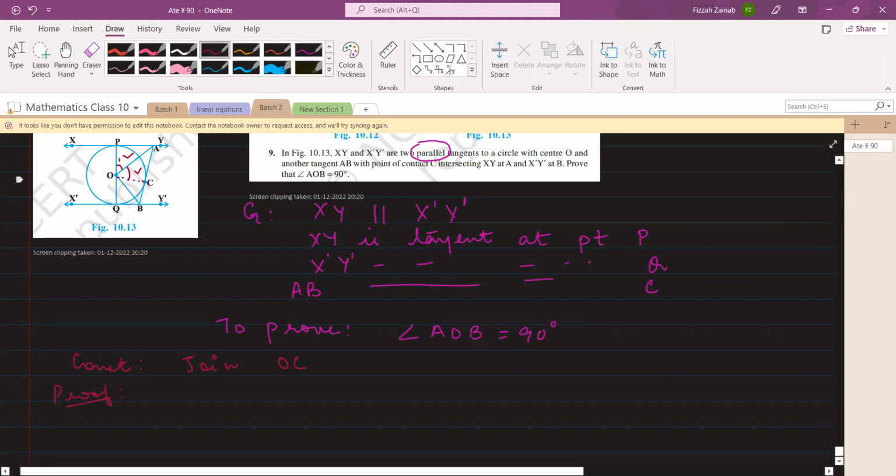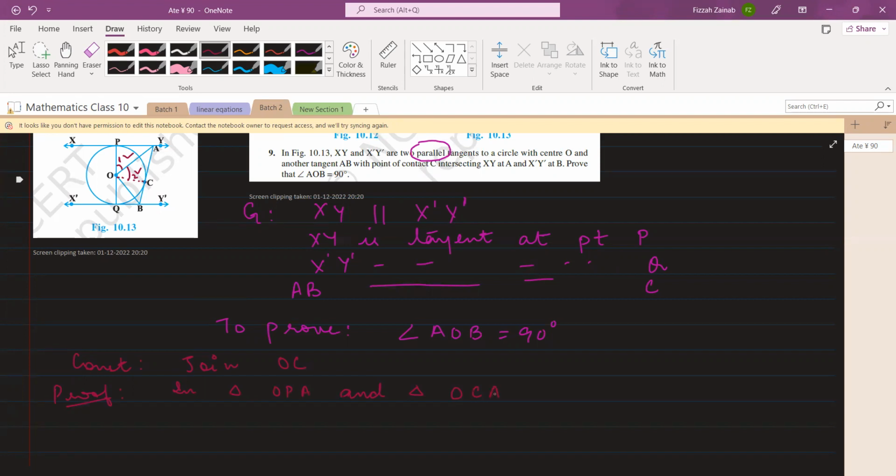So mark this angle 1 and mark this angle 2 in the figure. So in triangle OPA and triangle OCA, there are three things here. First of all, OP is equal to OC.